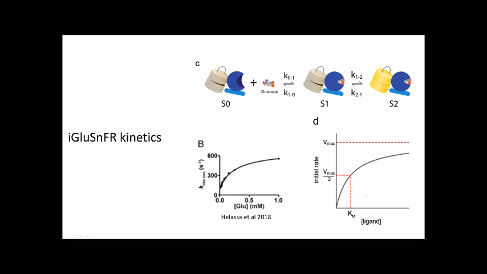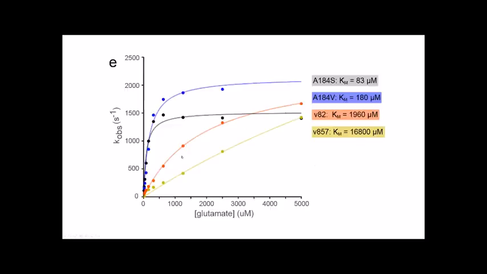But if it's very small, then it's highly saturating. Okay, it turns out that Km is something that varies between different iGluSnFR variants and that we can engineer. We can measure it and we can change it by several orders of magnitude. So the final quantity that I want to add to this list is a high Km, and it's super important.